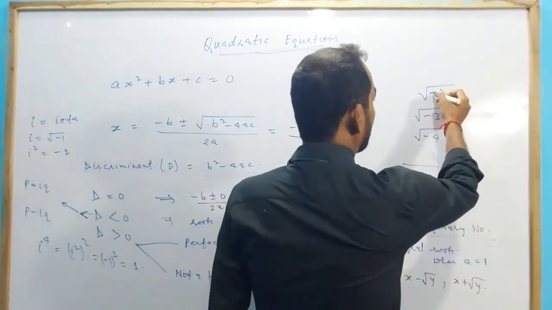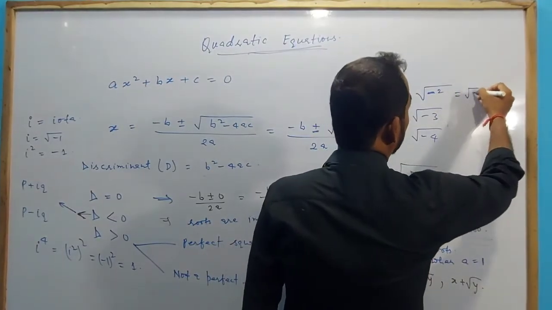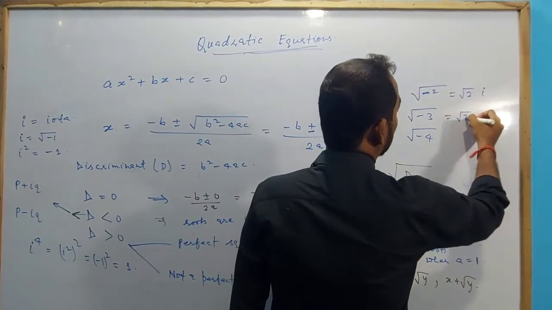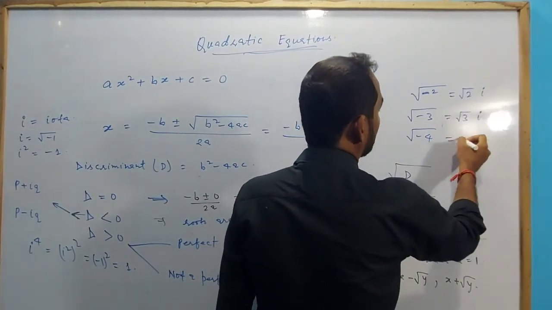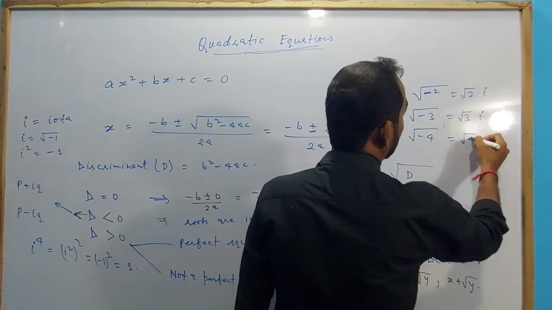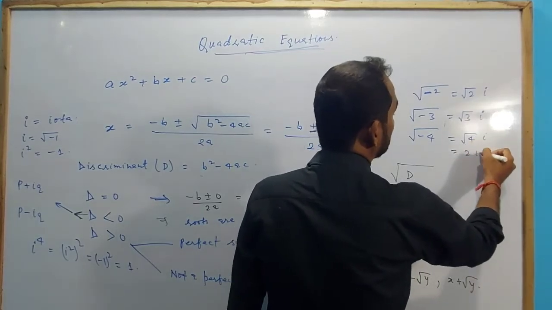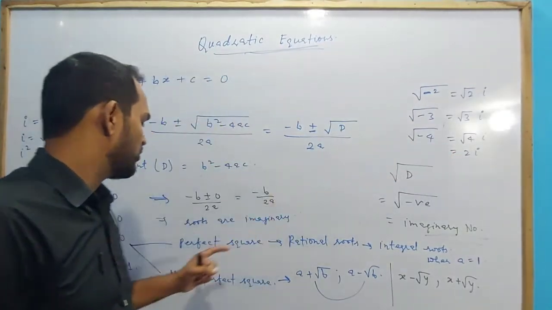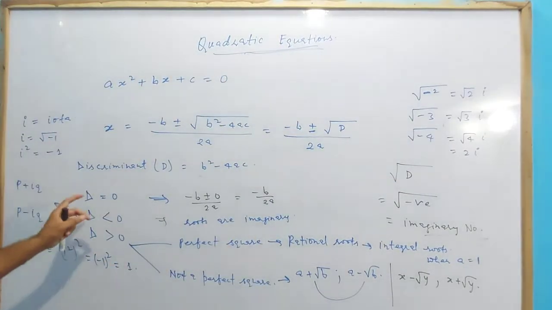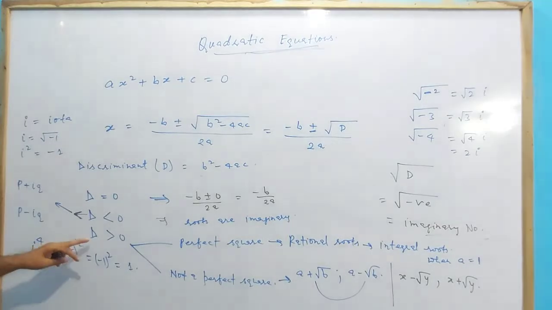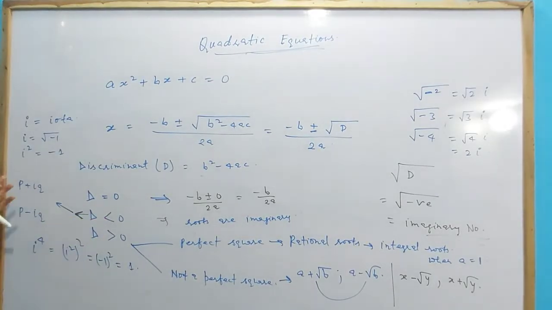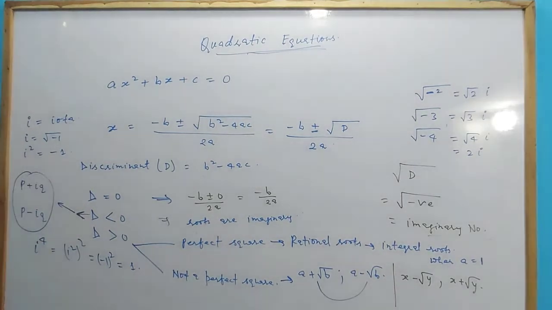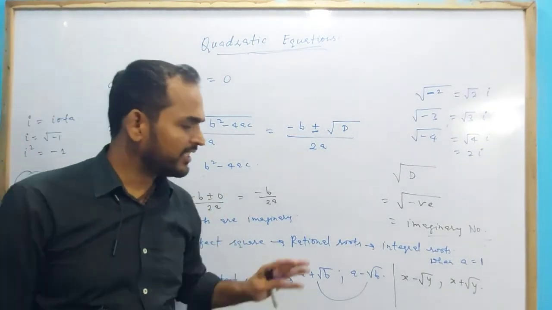Root minus 2 can be represented as root 2 i, root minus 3 as root 3 i, root minus 4 as root 4 i, which becomes 2i. So these are all imaginary numbers. When D is less than 0, imaginary roots will be there, and they will occur in conjugate pairs. I hope everything is clear here.